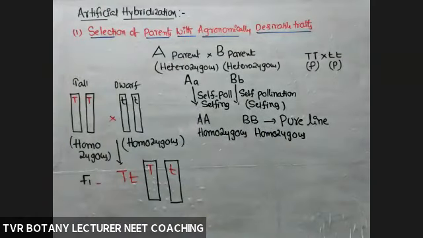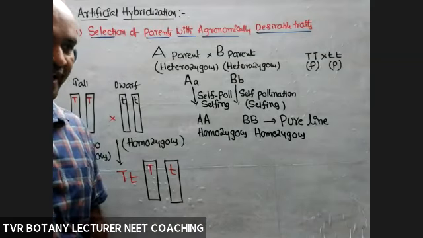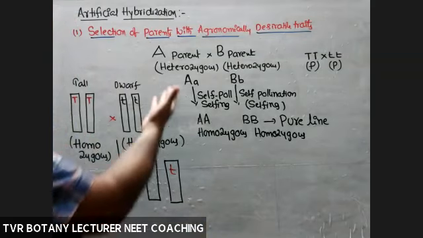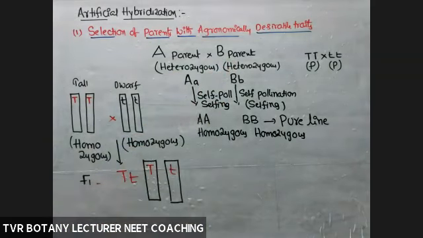This is possible if the concerned plant species has bisexual flowers and is able to perform self-pollination. That's why in your textbook, wherever possible, if pure lines are required, convert heterozygous condition into homozygous condition by means of self-pollination.